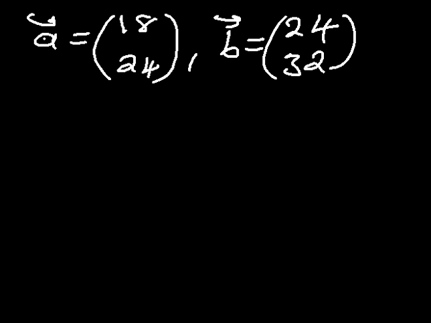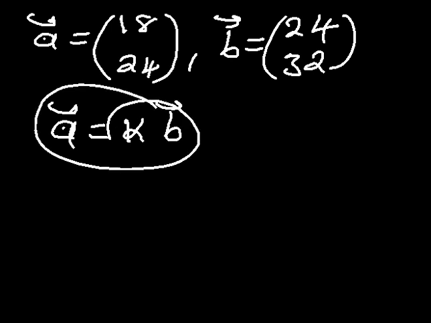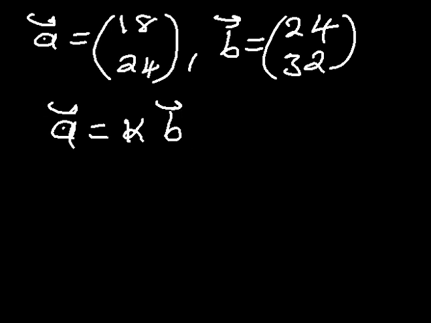Now, two vectors are said to be parallel if they obey this principle: one vector has to be equal to the scalar product of the other vector. If this principle is obeyed, then the vectors are said to be parallel.